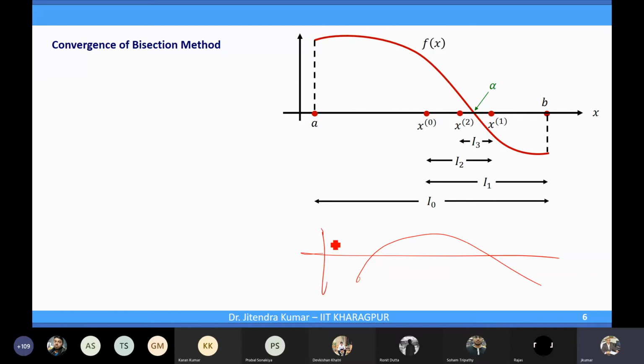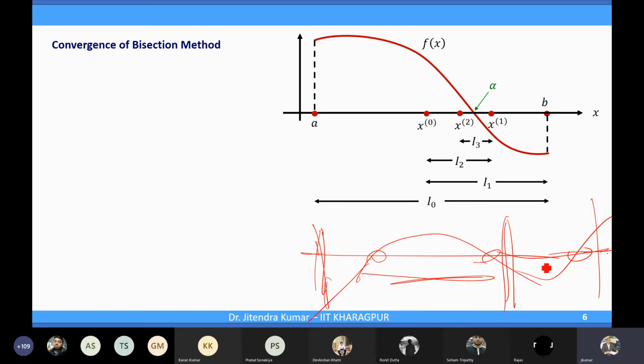For instance, you started with something like this interval from here to here, and there were many roots here. There were three roots, right? There were three roots, and then you made half of that interval, and still you see there are two roots. Then you go into each of the intervals. So in the left also you have a root, right also you have a root. Separately you run your algorithm for this and you run for that. So the idea is that you can do that.